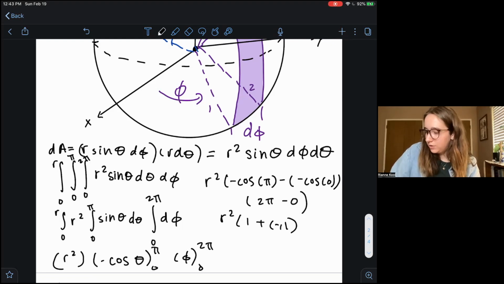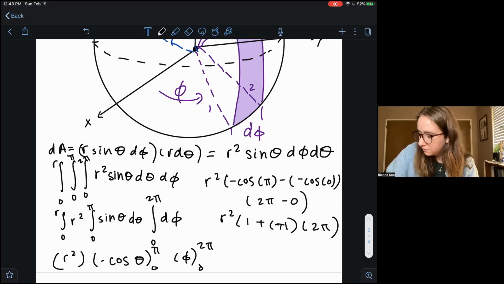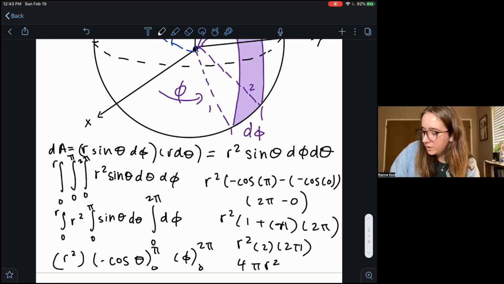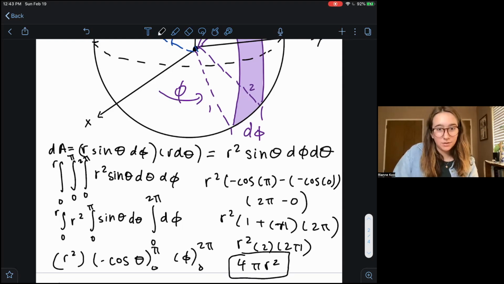And we add those two together, and we have that 2 pi, because 2 pi minus 0 is 2 pi. So we have r squared, 1 plus 1, 2 pi. So we're left with r squared 2 times 2 pi, which is just 4 pi r squared is the surface area, and that is the correct answer. So you can look it up. The surface area of a sphere is 4 pi r squared.